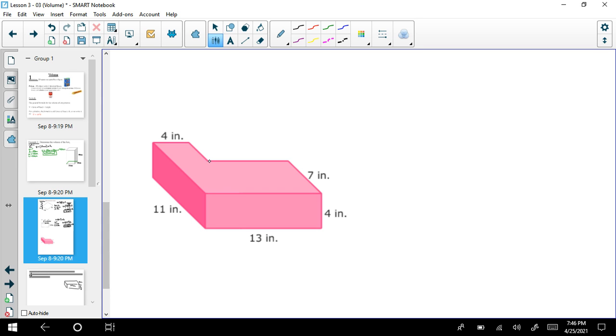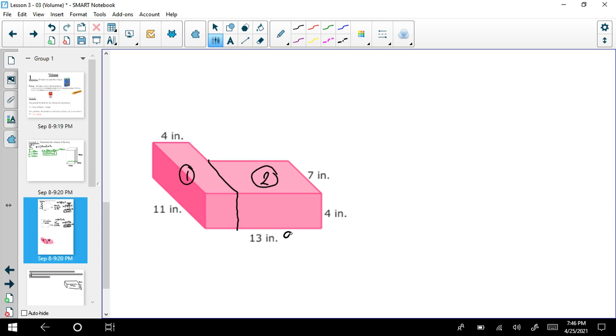So what I would do is I would cut this down here and deal with two different rectangular prisms. Okay, so I would label this as number one, and this is number two. So when I cut this here, I would then get 13 minus 4, which is going to give me 9.